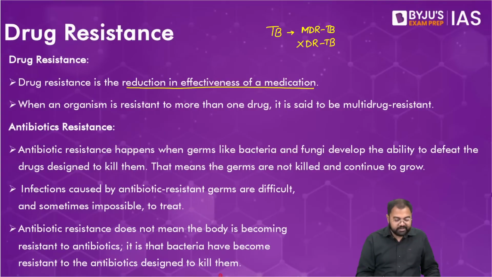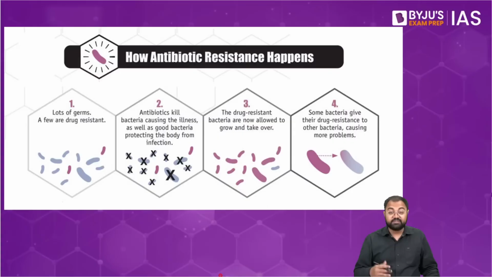Now overall, there are various reasons why drug resistance cases have been increasing. Effectively, let's say there might be certain drug resistant bacteria in the gut of a person, and let's say that person takes a medicine. When that person takes a medicine, the normal bacteria would be killed, but the ones which are drug resistant will survive, and now they will start to grow, multiply, and increase in number.